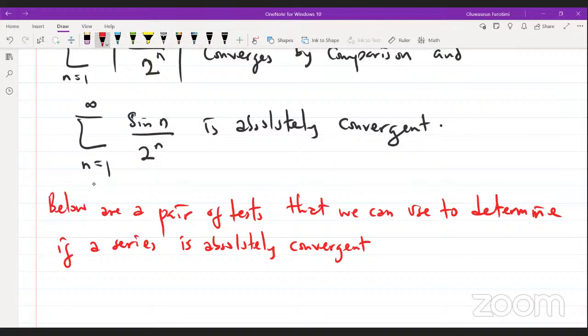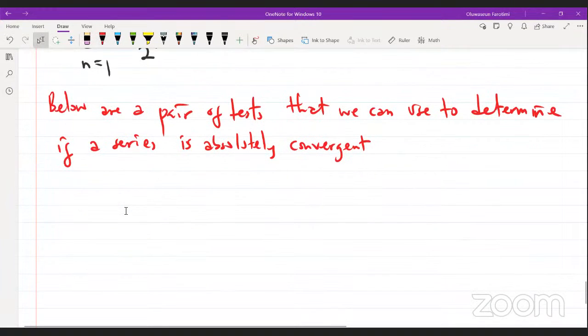Below are a pair of tests that we can use to determine if a series is absolutely convergent. Now, these new tests we want to talk about, we've not actually studied them, okay? So there are additional tools that you can use apart from the ones that you've known, okay? So let's go.